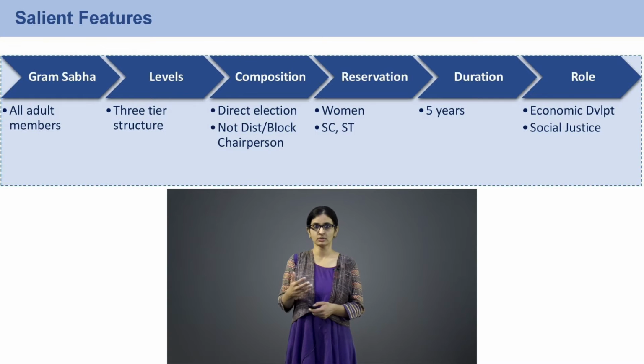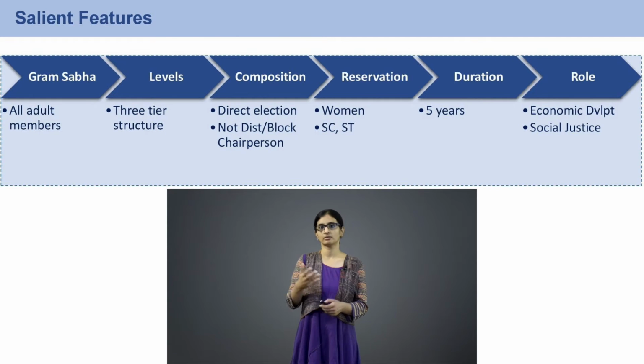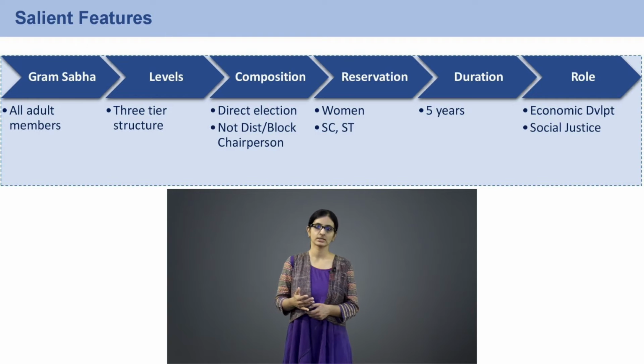In addition, the Act also calls for affirmative action, that is reservation. So seats are reserved at all levels in every panchayat for scheduled caste and scheduled tribe in proportion to their population, and such seats may be allotted by rotation to different constituencies in a panchayat.